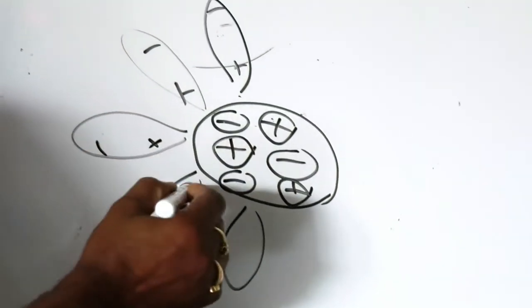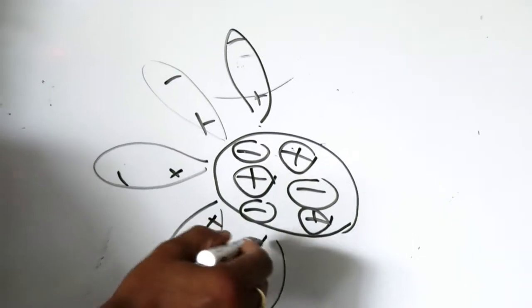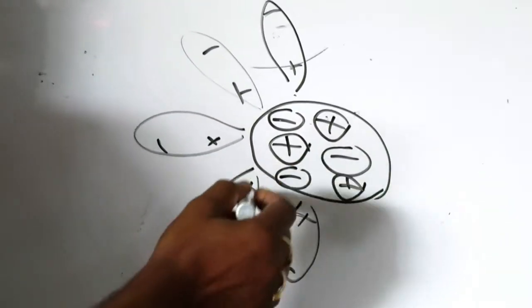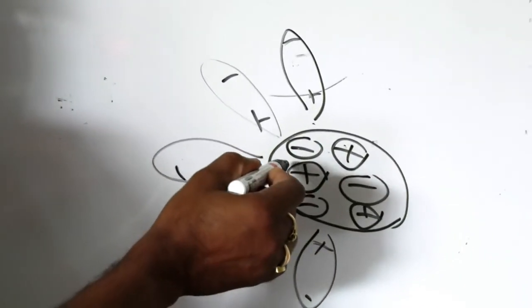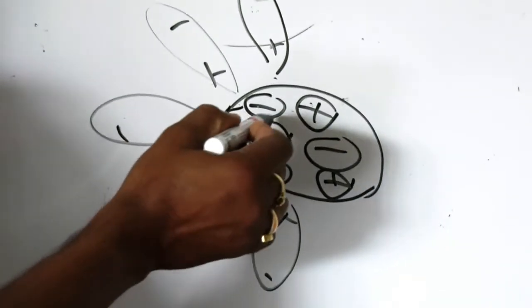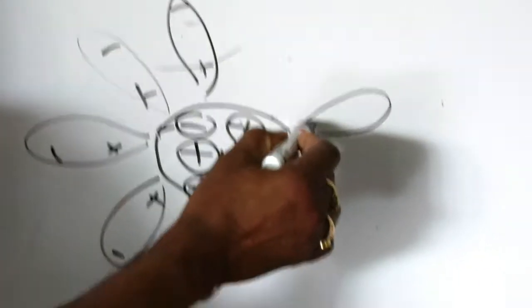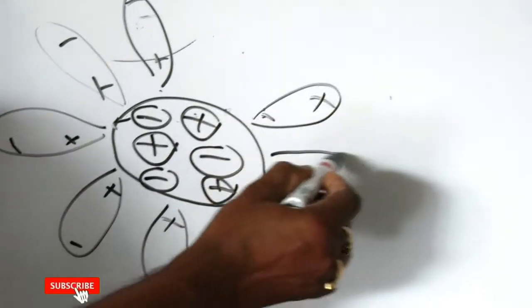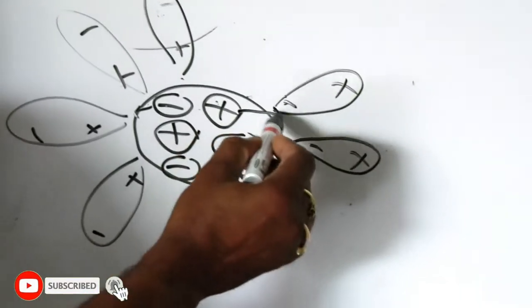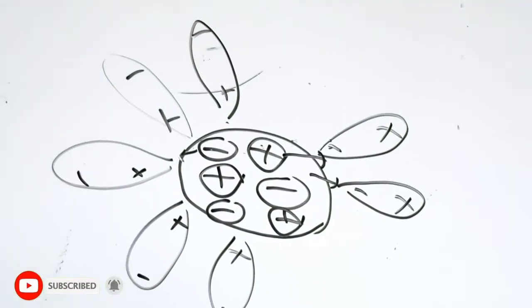Here the positive dipole of water can attract the negative ion from the solid, and the negative dipole of water can attract the positive ion from the ionic solid.